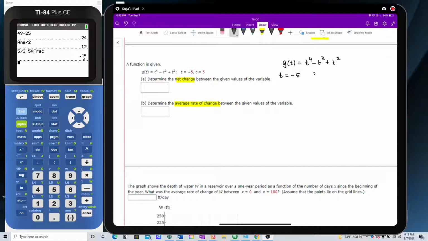So the corresponding y value is g of -5, which is going to be (-5) to the power of 4 minus (-5) to the power of 3 plus (-5) the whole squared. Okay, I'm going to use my calculator here.